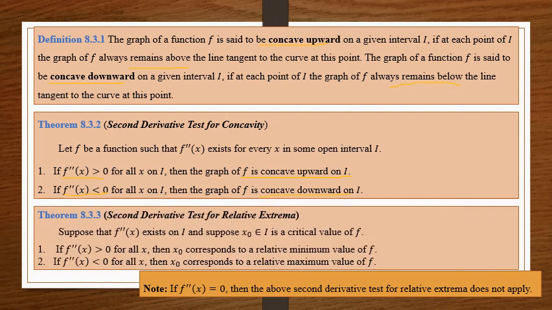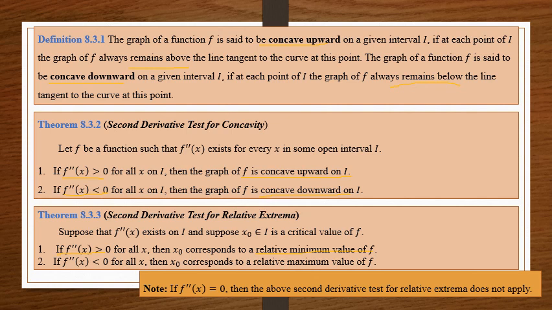Second derivative test for relative extrema. Okay, so suppose that f double prime of x exists on the interval I, and suppose x sub 0, an element in the given interval, is a critical value of f. Okay, if f double prime of x sub 0 is greater than 0, then x sub 0 corresponds to a relative minimum value of f.